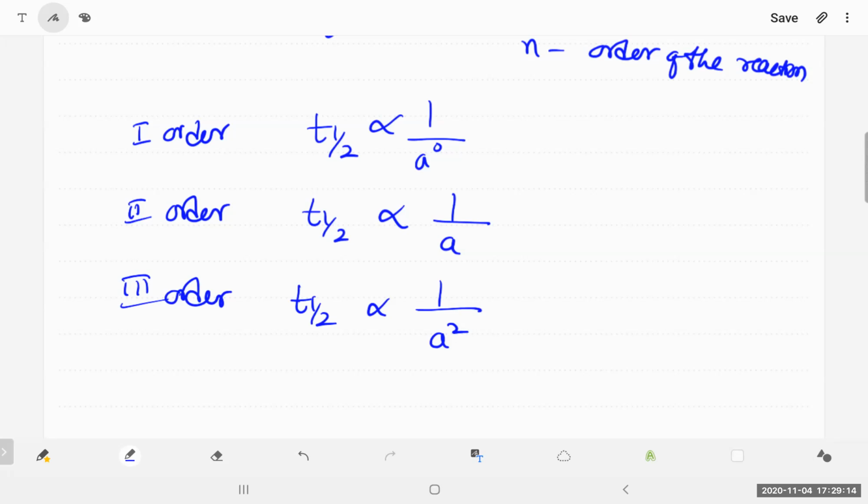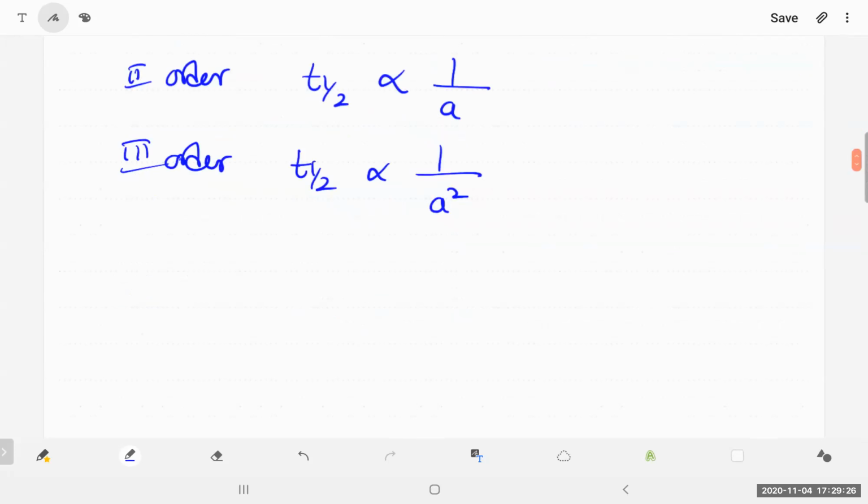Question number 23. 50% completion of a first order reaction takes place in 60 minutes. Then the fraction that would react in 32 minutes from the beginning? They have given T half is equal to 16 minutes.